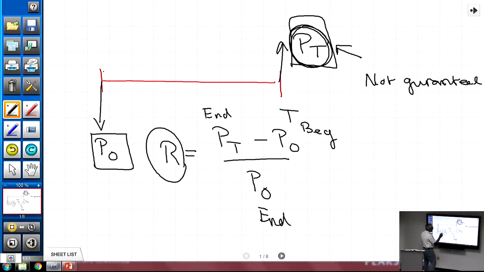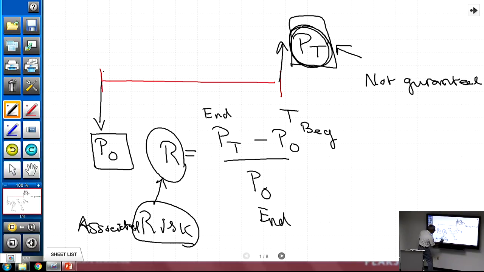That means this promise of a return comes with some associated risk. Some associated chance that we may not get what we are being promised.